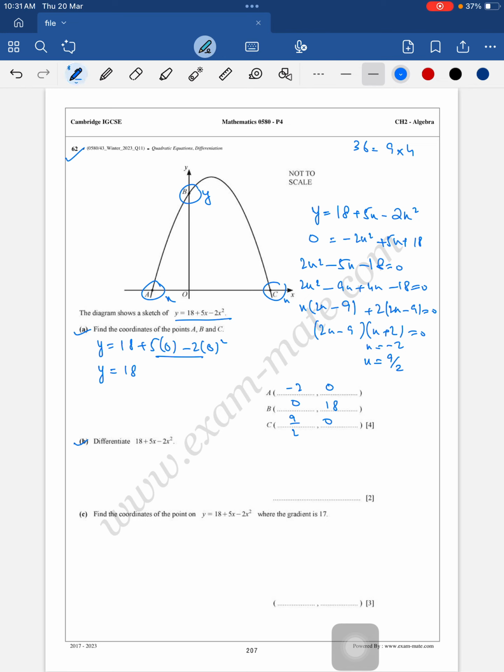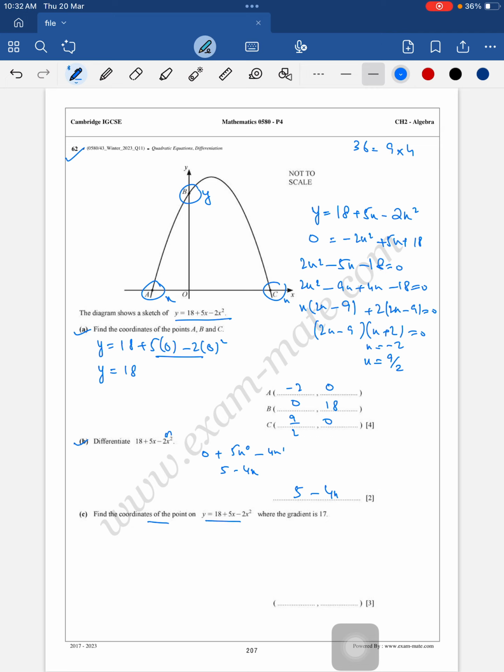So if I differentiate 18, the differential is 0. 5x differential will be 1 multiplied by 5 and 1 subtracted, so x to the power 1 minus 1 is 0. Minus 2x squared, the 2 comes down multiplied with the coefficient, and x to the power 2 minus 1 is 1. So it means that dy upon dx is 5 minus 4x. Clear?